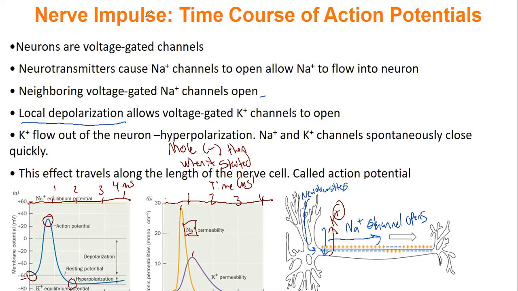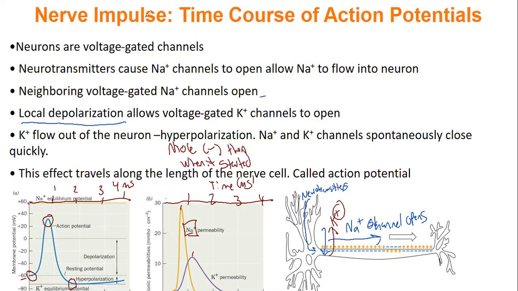That would be my guess, but I have not looked into that specifically. But that's usually how these things work, is that the small molecule will find the protein it has to interact with. It will bind to that protein. That will cause a conformational change. Here, that conformational change will cause a sodium channel to open up.